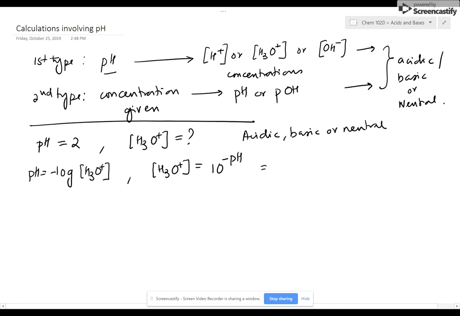So you plug that into your calculator, 10 raised to negative pH, and you get 10 raised to negative 2. Your answer is H3O+ concentration is 10 raised to negative 2 molar, or moles per liter.